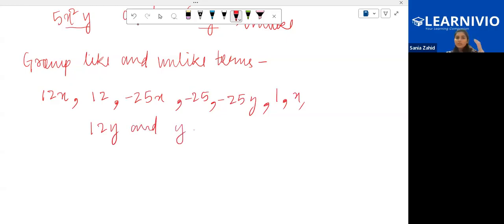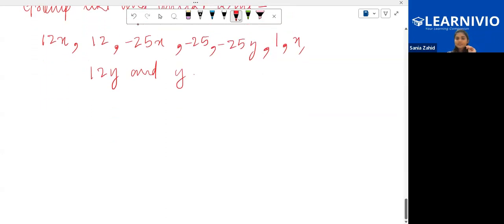Make one column of like terms and another column of unlike terms.